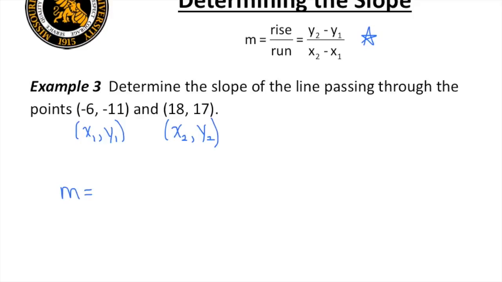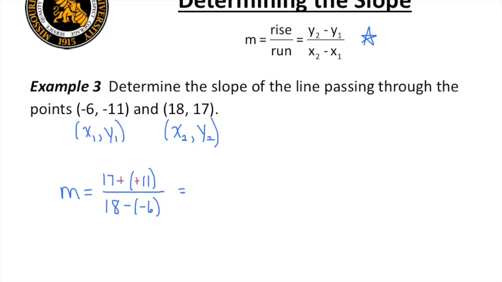So our numerator is the rise or the change in the y values. So we have 17 minus our -11. And our denominator is the difference in our x values. So here we have 18 minus a -6. Remember, when you subtract a negative, that's the same as addition.